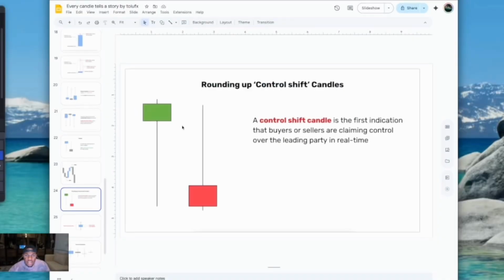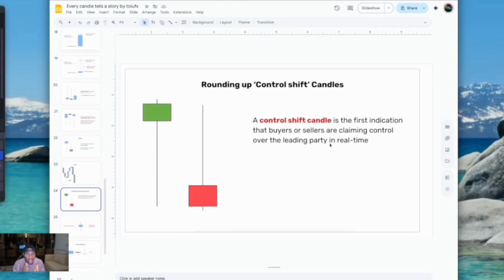Over here we can see a control shift candle is the first indication that buyers or sellers are claiming control from the leading party in real time. So what a control shift candlestick tells you is that at this point, sellers are trying to take over, or at this point, buyers are trying to take over. If you know how to use them in the right context, trust me, you are always going to be ahead.